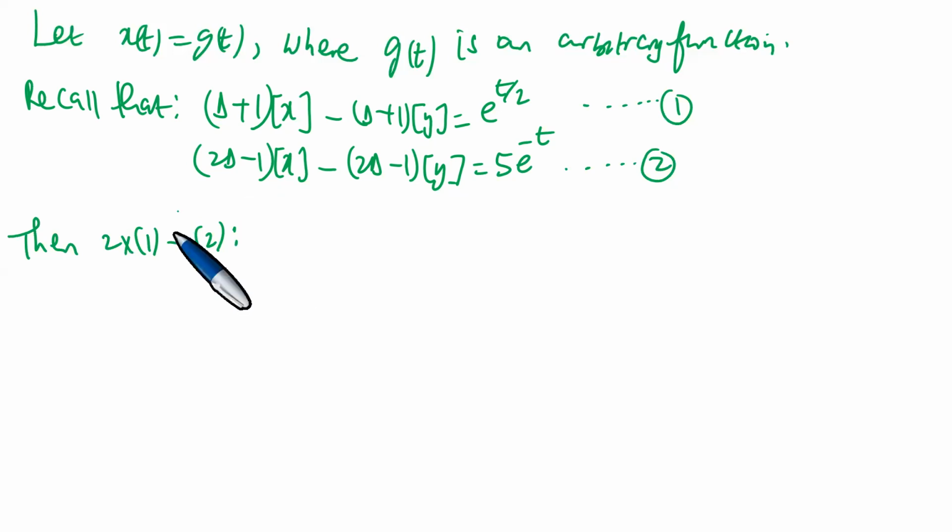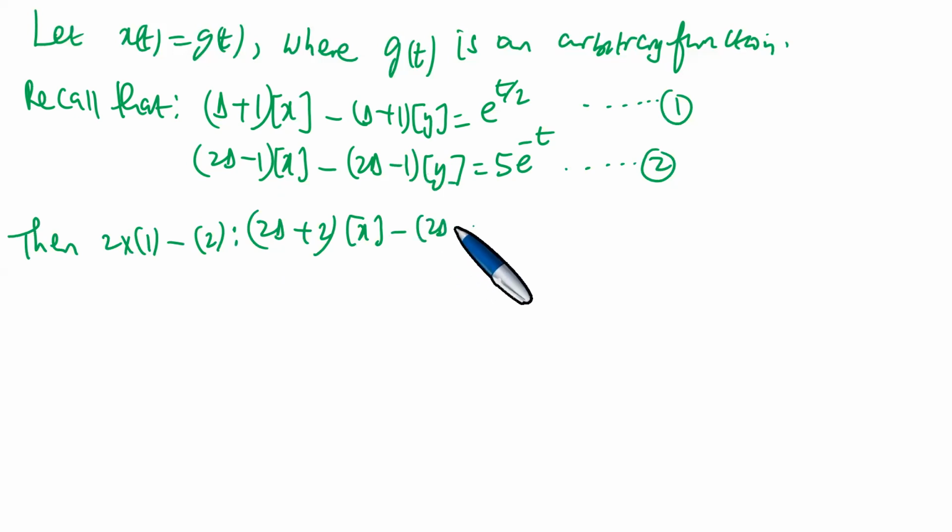You can easily see that. 2 times 1 is twice d plus 2, x minus multiplying by 2 is 2d plus 2y equals 2e to the t over 2.